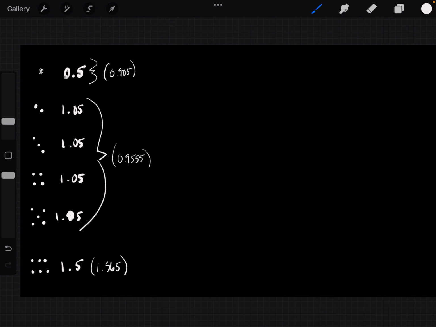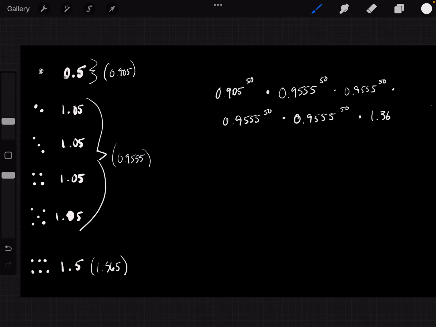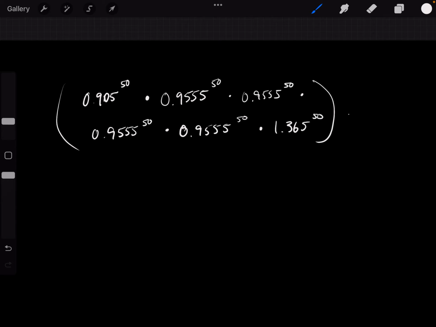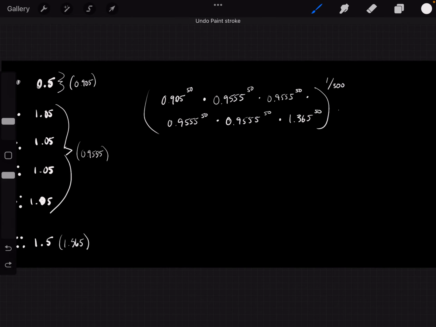So you take 0.905 raised to the power of 50, multiplied by 0.9555 raised to the power of 50, four times over, and then 1.365 raised to the power of 50, and then you raise the entire equation to the power of 1 over 300. You will get your geometric average, apparently.